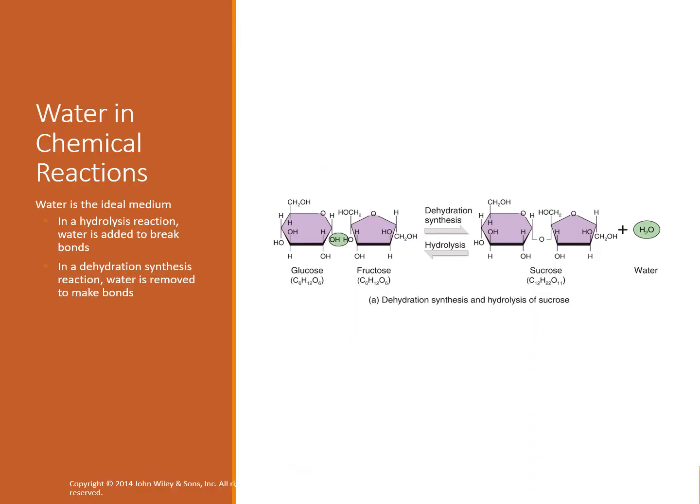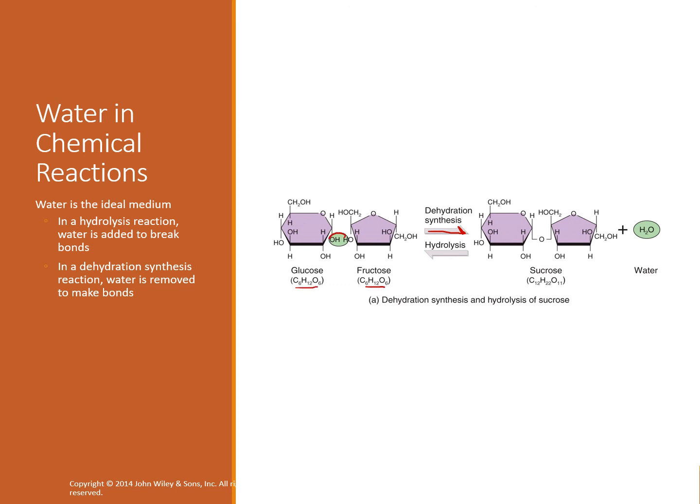Water is really an ideal medium as well. So here we have a hydrolysis and dehydration synthesis reaction. So this is a reversible reaction. Here on the top side we have dehydration synthesis. So this is the combination of glucose and fructose into sucrose.